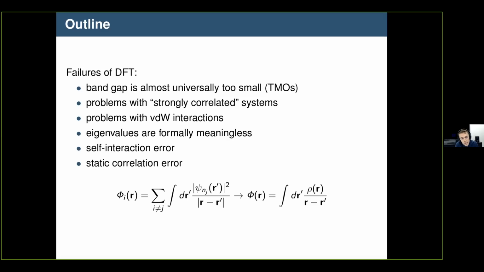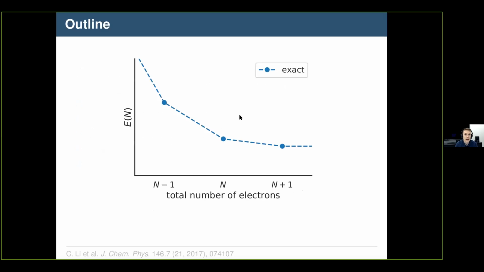So this idea is a bit more general. Here, if we think about just a general electronic system with some total number of electrons, and we're thinking about how the total energy should change.